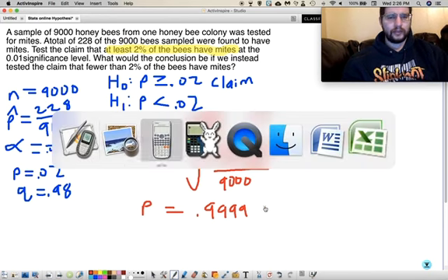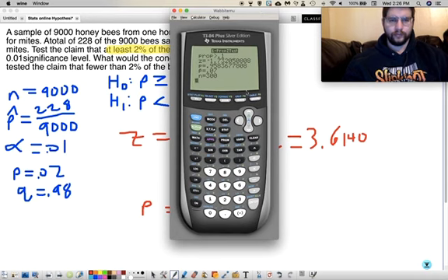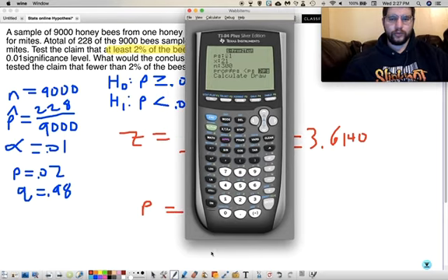So, let's go ahead and show the TI people how it's done. P is 0.02, 228 over 9,000. It's a left tail.